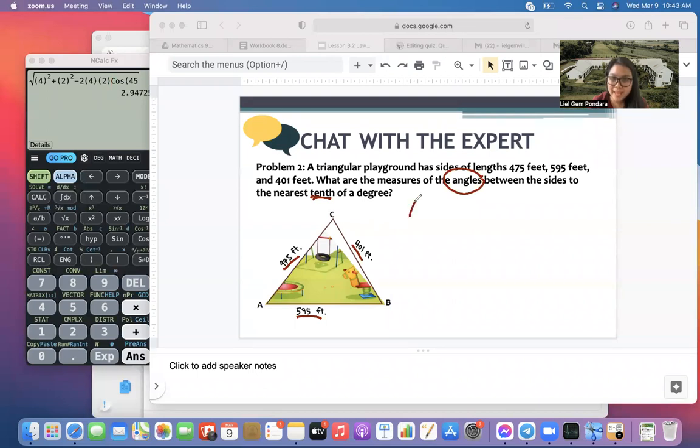We have A equals cosine to the -1 of B squared plus C squared minus A squared over 2BC. What's our B?